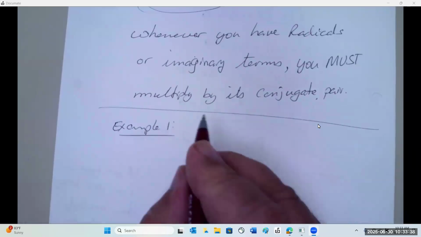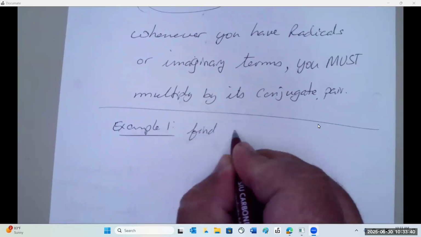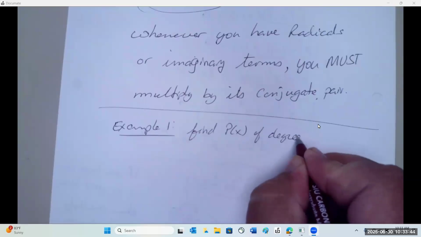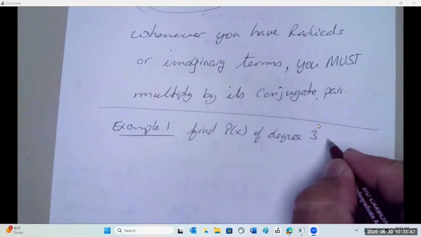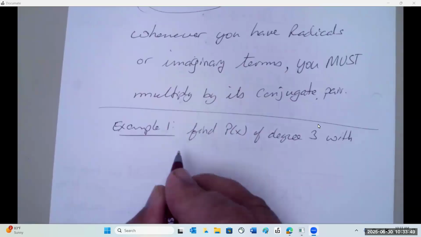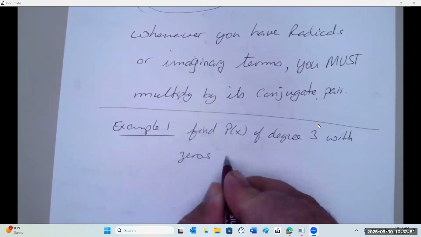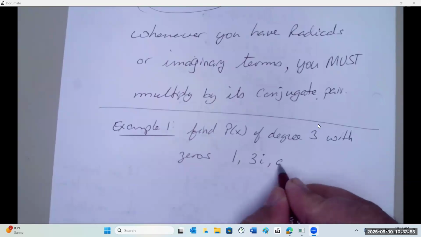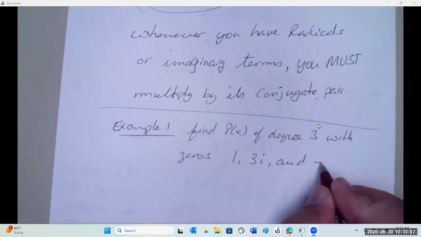Example 1. Find the polynomial of degree 3 with zeros 1, 3i, and negative 3i.